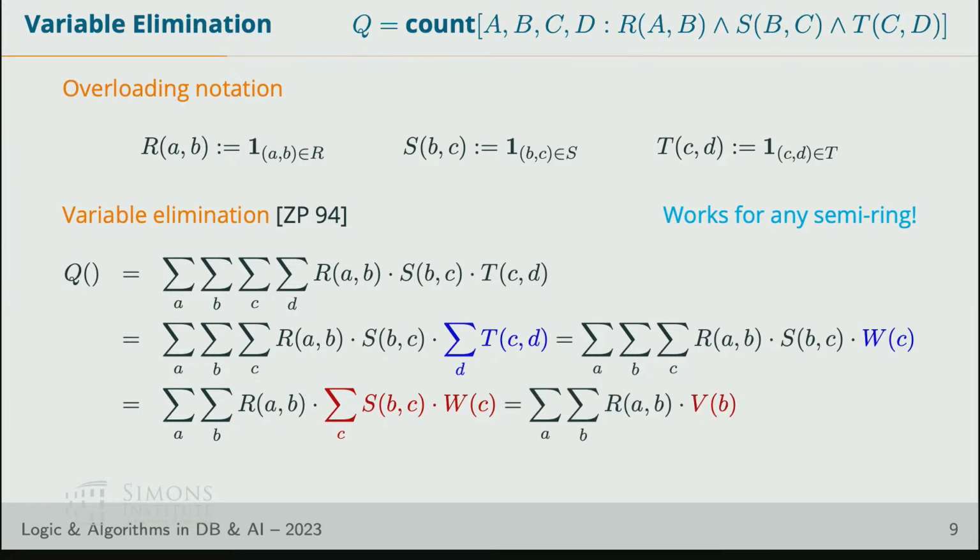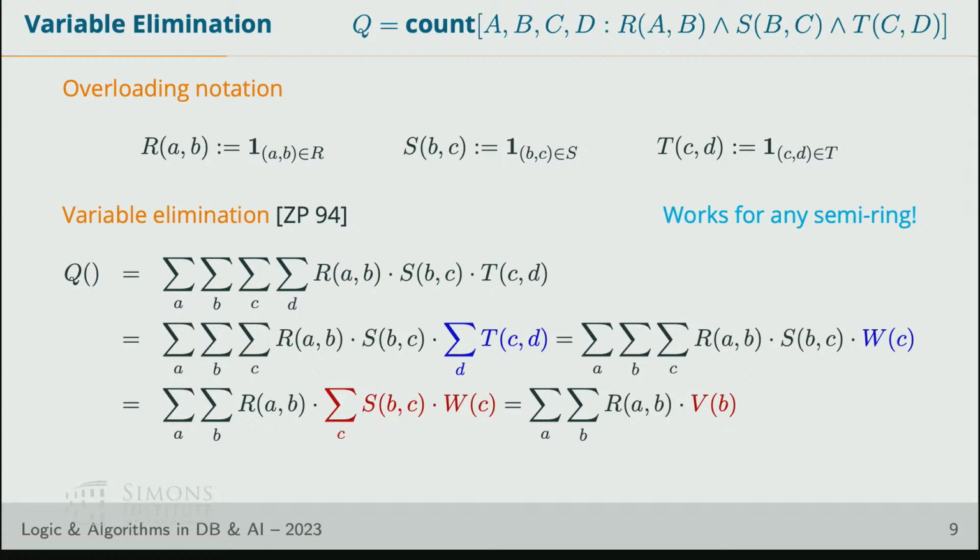And now we have another intermediate relation, V of B. This is no longer degree. This is, for every B, how many 2-hop Ds you can reach from B. So it has a combinatorial interpretation if you want. I think this is what a human would do.